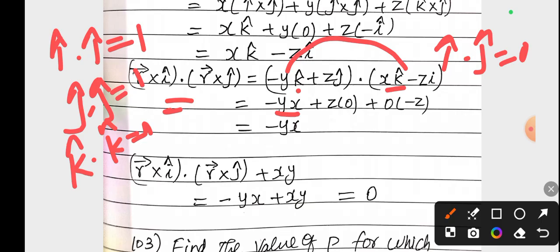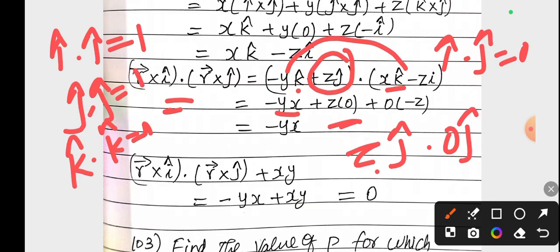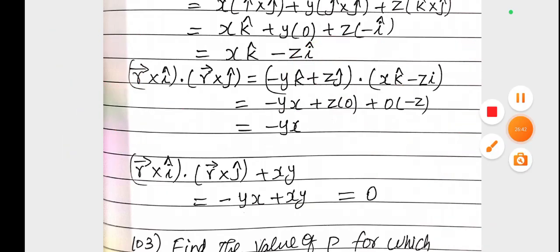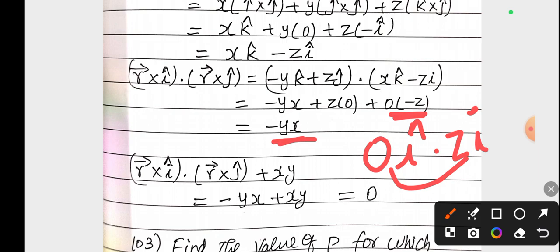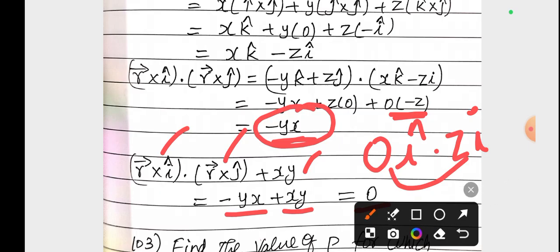The zj cap term has no matching j, so z into 0, and the zi cap term also gives 0, so 0 into z is 0. So we got minus yx. So r vector cross i cap dot r vector cross j cap gives minus yx plus xy, so overall we got the answer as 0.